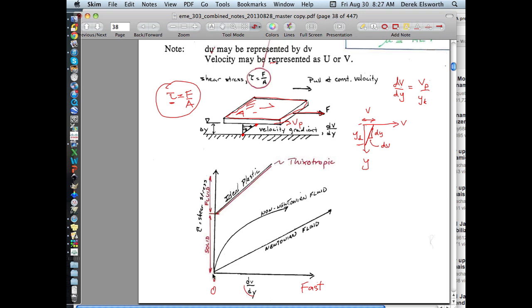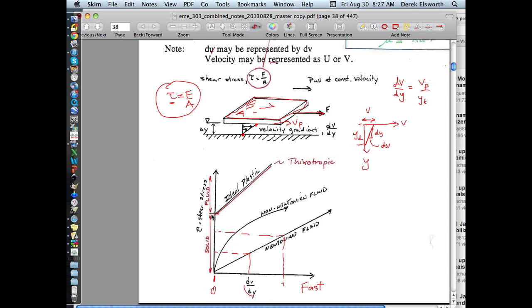If you apply a larger force, you'll move it at some velocity. If you double that force, you'll double the velocity that it'll be pulled at. So a linear fluid, a Newtonian fluid, is one where if you double the stress you apply, you double the velocity at which you shear it. Just a linear system. Not all fluids are like that.